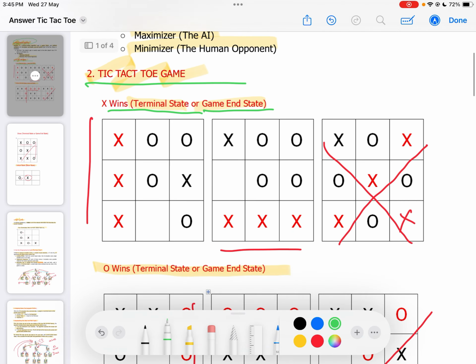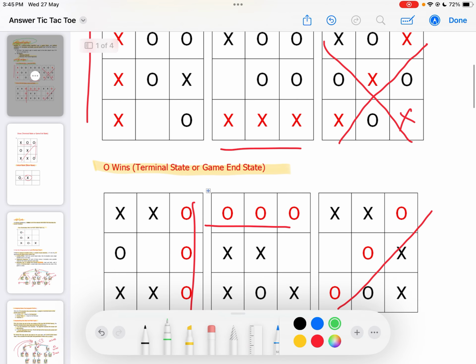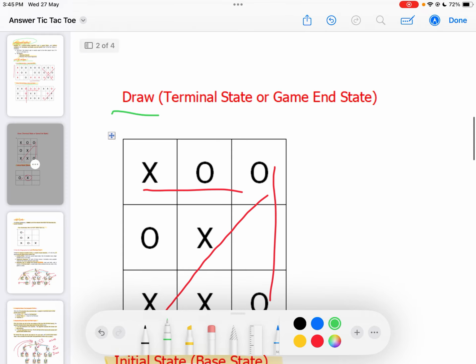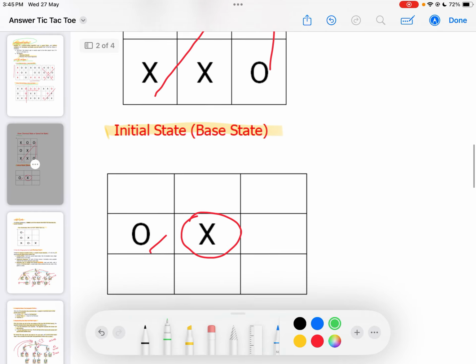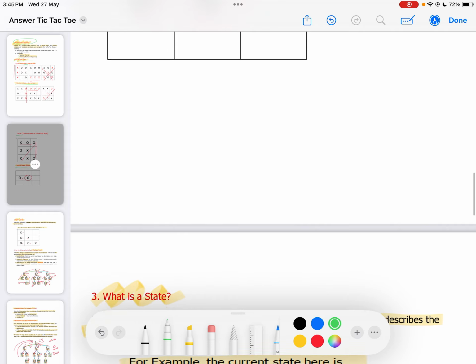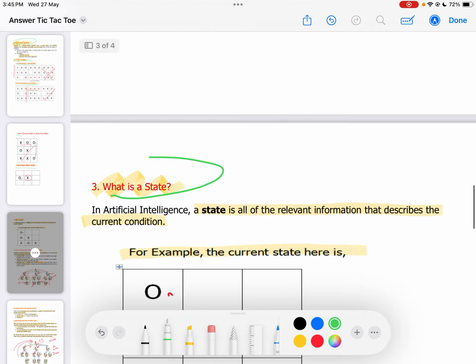This we have to write for the exam. We have to define what is a win for O, what is a win for X. Then the draw state, the initial state, and what the state is. This only will get you marks.